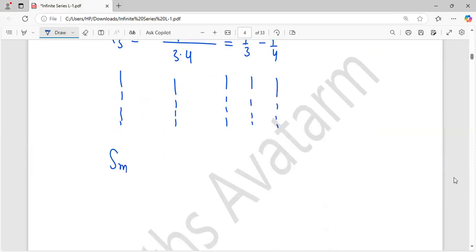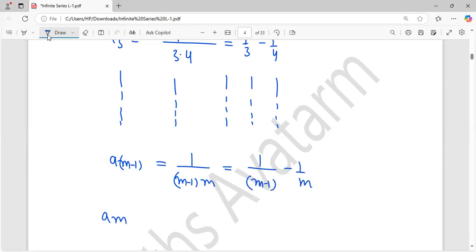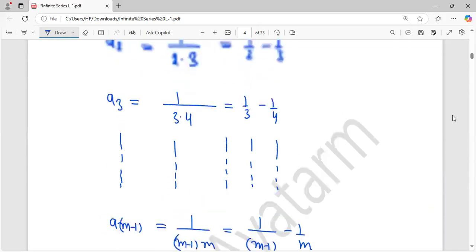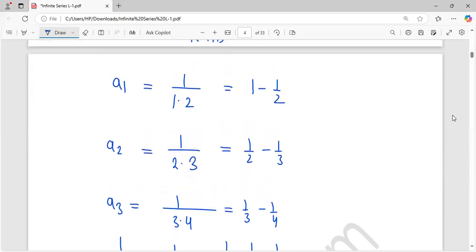am minus 1 is 1 upon m minus 1 into m, which I can write as 1 upon m minus 1 minus 1 upon m. What is am? This is 1 upon m minus 1 upon m plus 1. So if I add all these terms, a1 goes to am, then what will happen? You see that 1 by 2 is cancelled out, 1 by 3 is cancelled out.